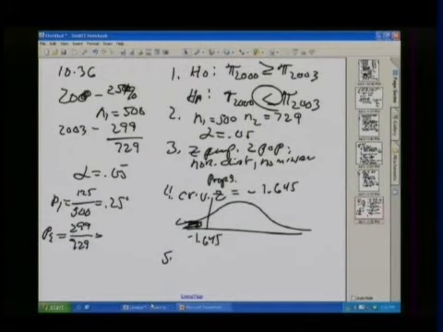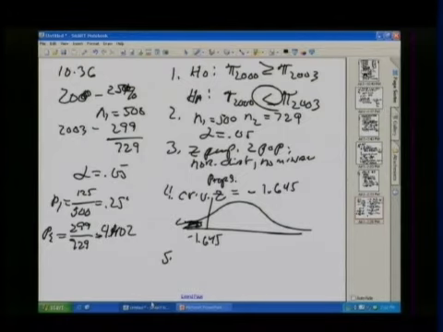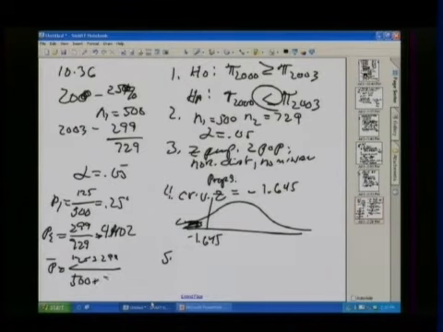Okay, so this is 0.4102. So it's 41.02%. This one is 25%. So now I can find my combined proportion, P bar, by adding up the x's, 125 plus 299 over 500 plus 729. 729 plus 500 is 1229.